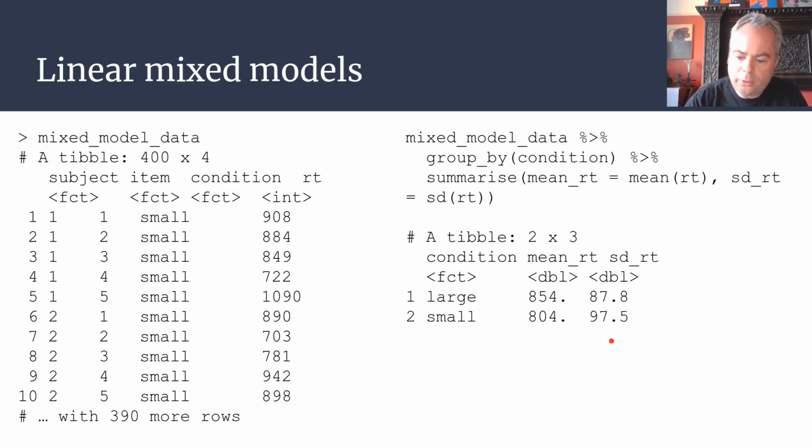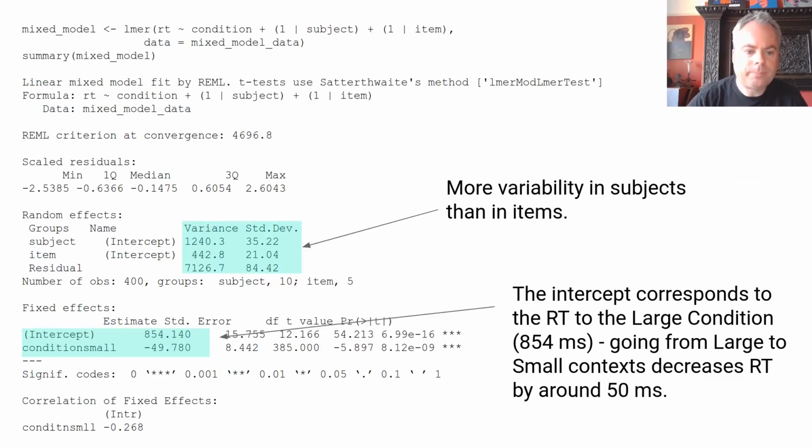So if we look at the descriptives that are generated, we see that people actually seem to be a little slower responding to the large items than to the small items, okay, for whatever reason. But that's kind of what the descriptives suggest. And the standard deviations are roughly the same.